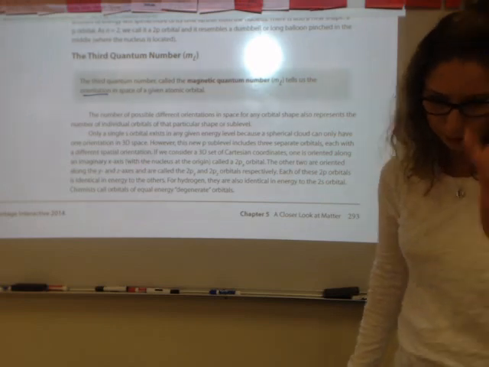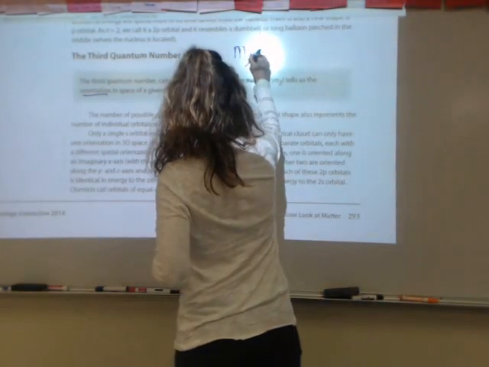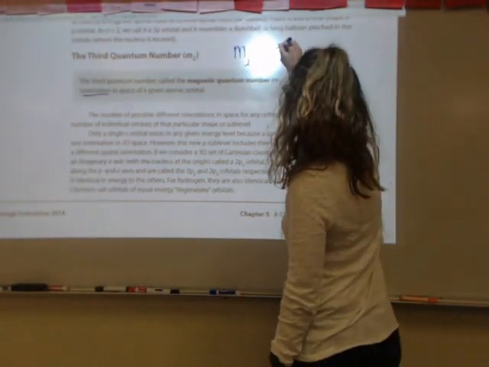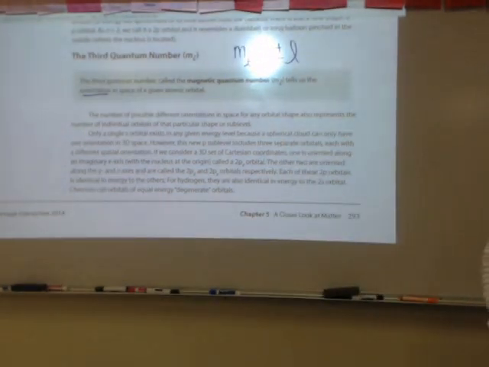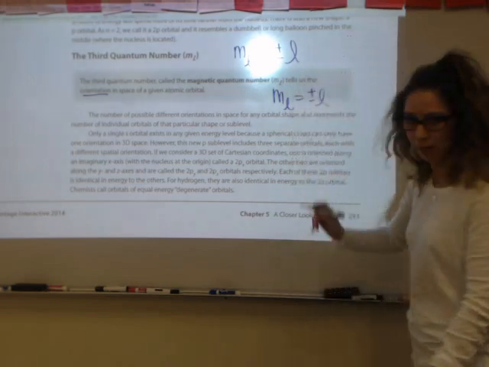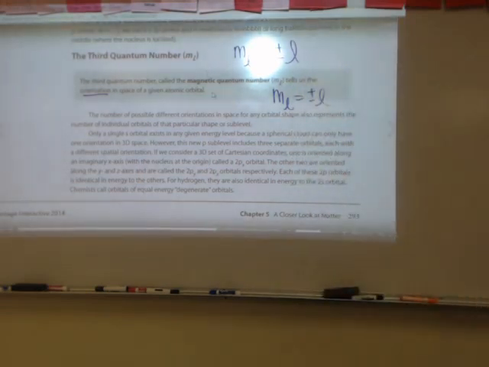Now, this can be a little bit confusing to students, so let me explain. m sub l is equal to plus or minus the l value for your location. It has to do with its location on the periodic table.